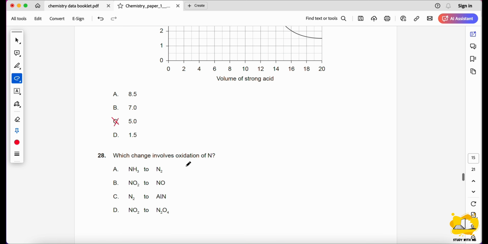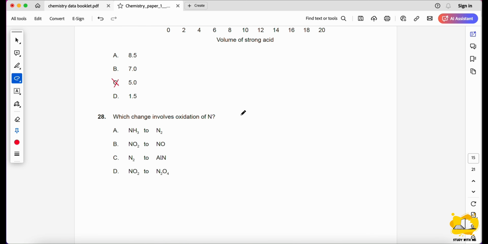Which change involves oxidation of N? So let's break it down. In NH3 to N2, this is a free element, 0, and this one is +3 and -3. In NO2 to NO, oxygen is -2, N is +2; NO2 is -4 and +4. For N2 to AlN, this is -3 and +3.